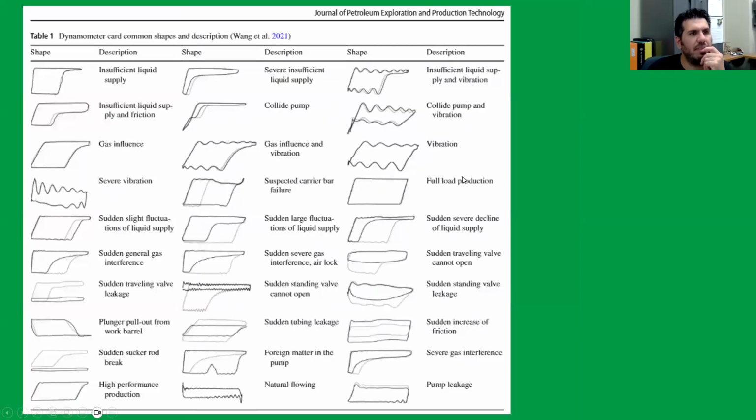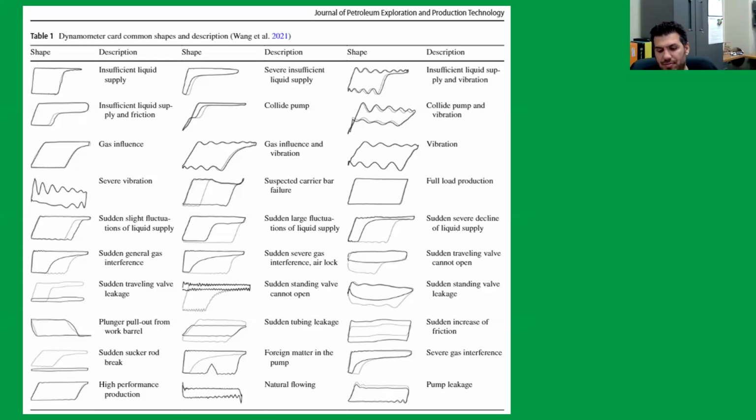Now, these are different shapes that you can get for the dynagraph. And every shape means something, like insufficient liquid supply or gas influence. They look very similar. It requires a very trained eye, somebody with experience, who learned under somebody with experience to read those dynagraph plots.